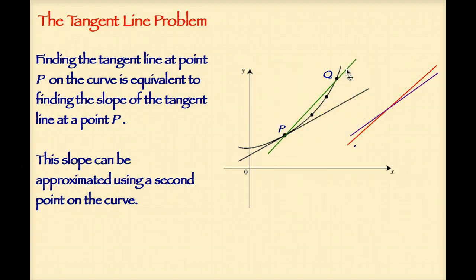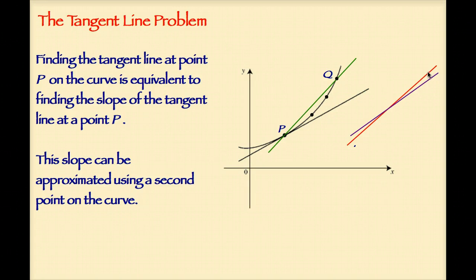Notice this is a secant line now, not a tangent line. And you can see that with these two sets of coordinates, we could find the slope. It would be an approximation of the slope of the tangent line, but it's not a great approximation. So you might think, I could probably do better if I move closer to point P on the function. And of course, that's true.